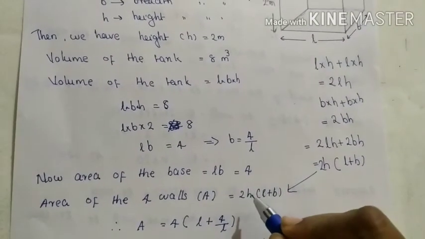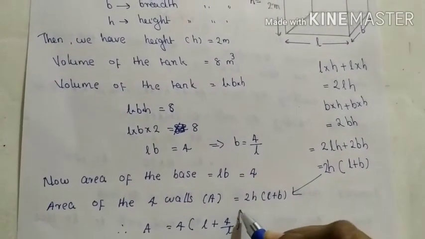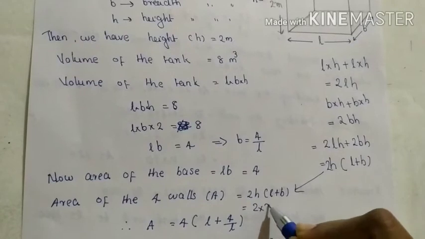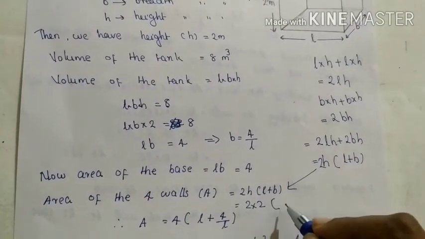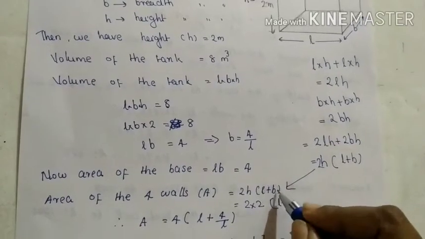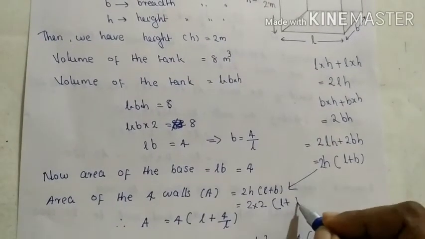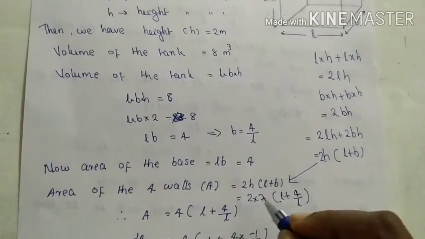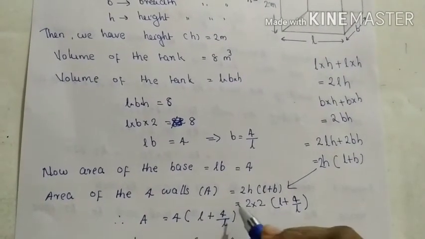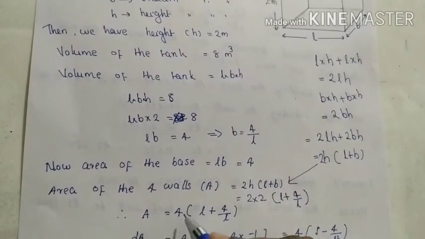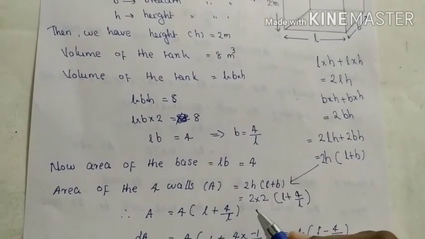We know that the value of H is 2. So 2 into 2 into L plus the value of B, which is 4 by L, and we get 4 into L plus 4 by L. A equal to 4 into L plus 4 by L.